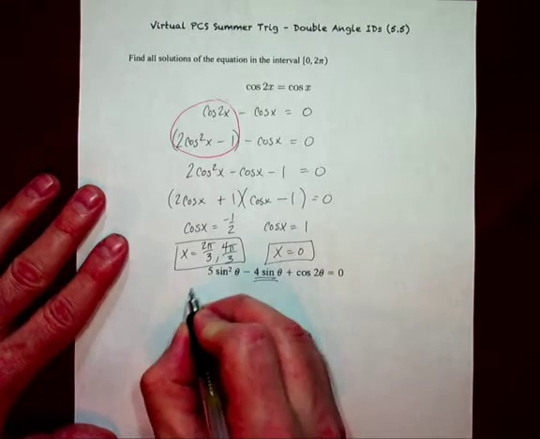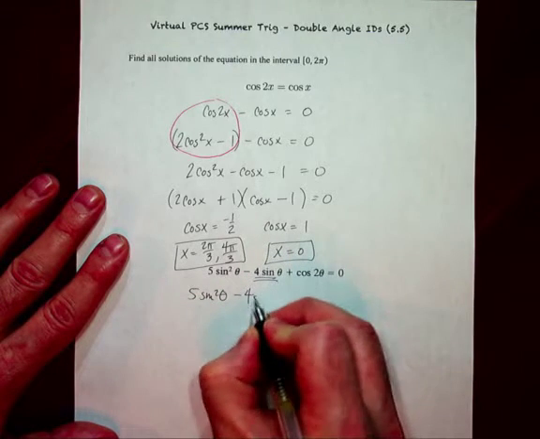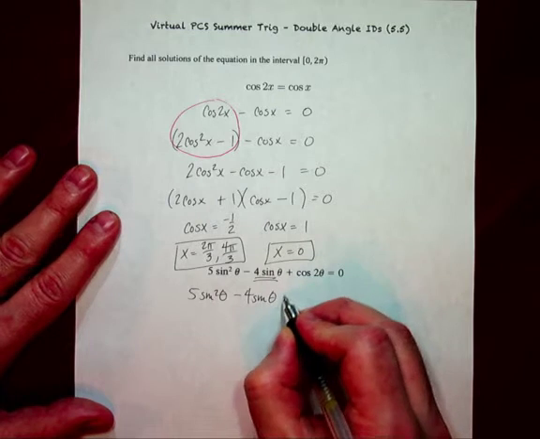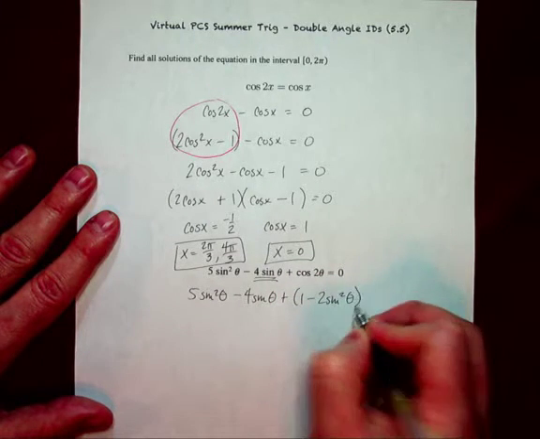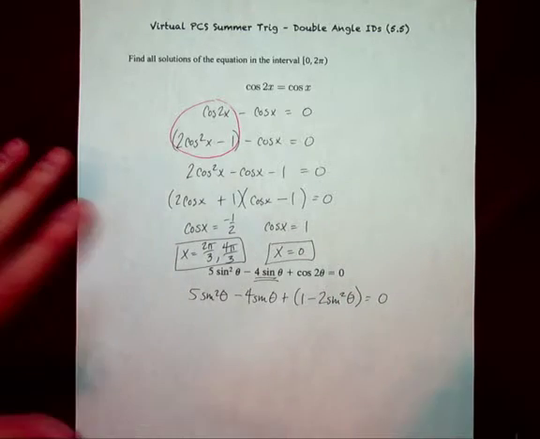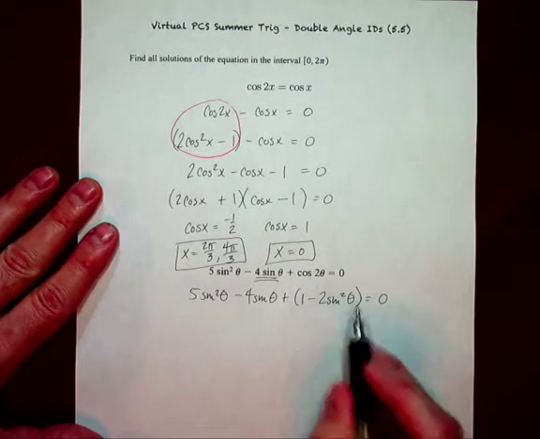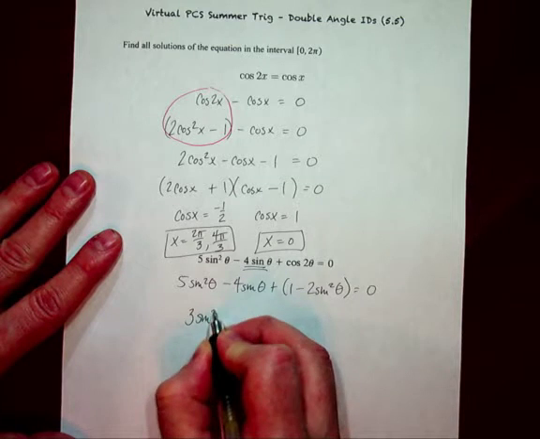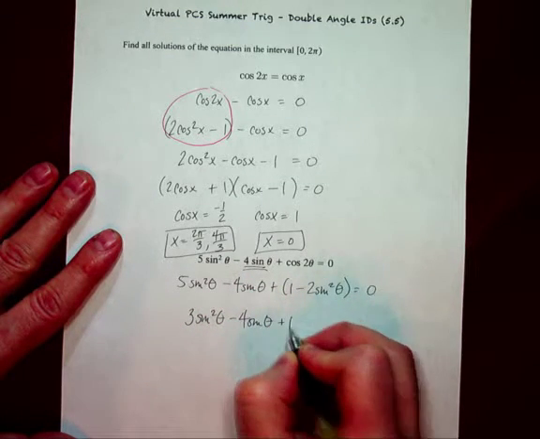This one, however, needs to change, and it needs to be changed using the double angle cosine identity that is 1 minus 2 sine squared theta. And when I basically break down those parentheses, which I can do without doing anything because there's a positive out in front of here, so those are really just kind of window dressing, I get 3 sine squared theta minus 4 sine theta plus 1.